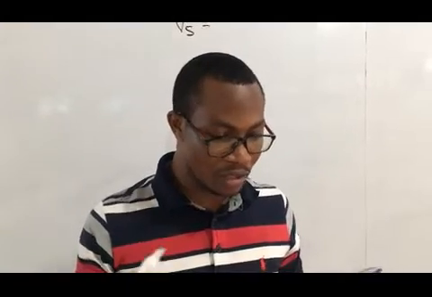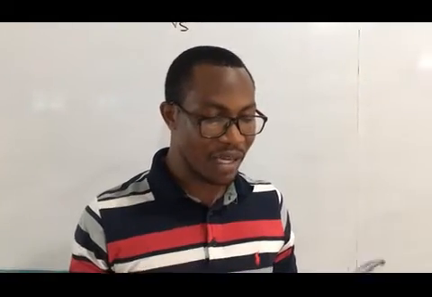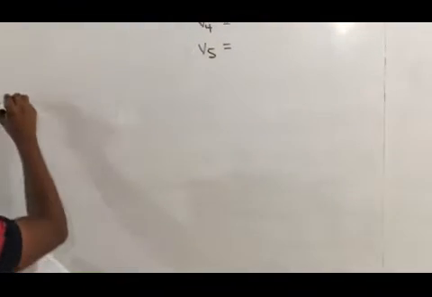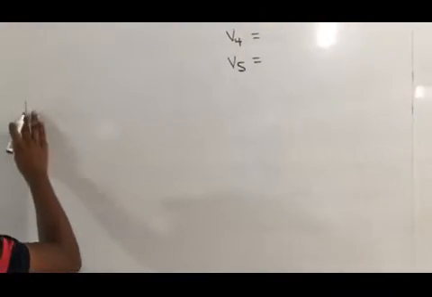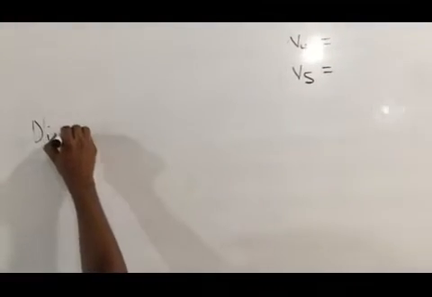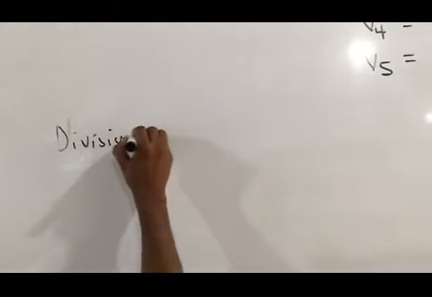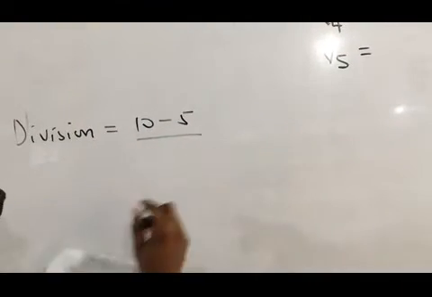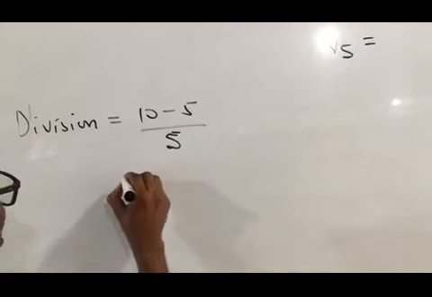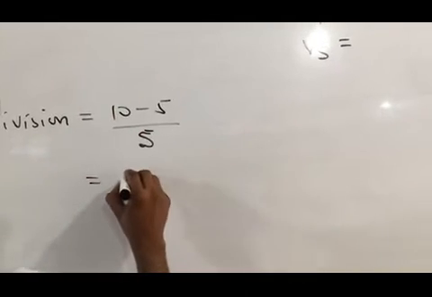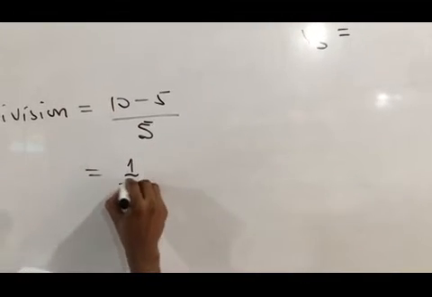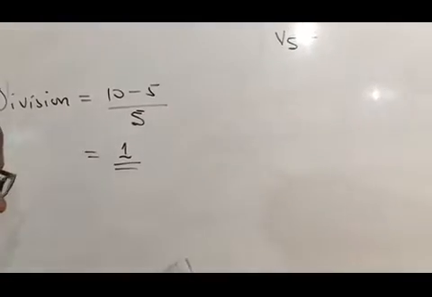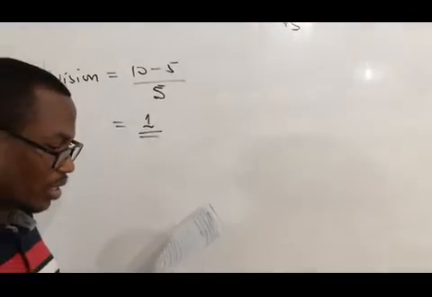If you do the counting, you realize that between the 5 and the 10, we have 5 smaller divisions. So each smaller division will be equal to 10 minus 5 over 5, which is 5 on 5, which is 1. So the value of each of the smaller divisions is 1.